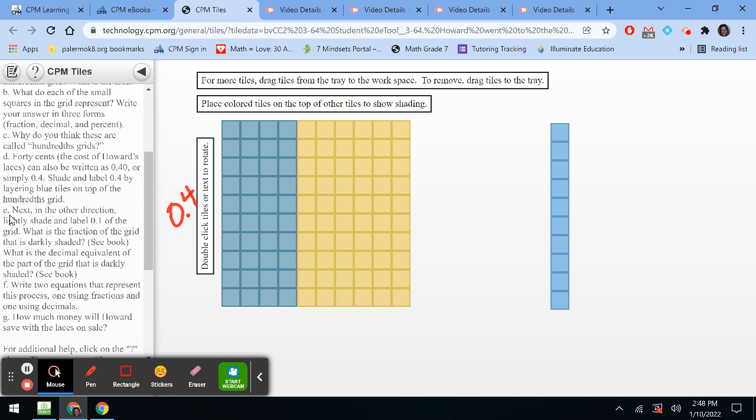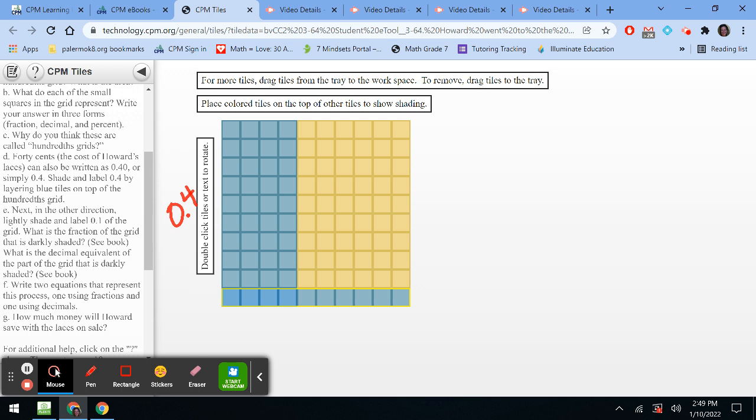So it says next in the other direction, lightly shade and label 1/10 of the grid. So I'm going to lightly shade, you're going to lightly shade it. I need to double click so that it rotates. And so going this direction, I'm going to put my 1/10. Remember, that's how much he is saving, or the sale, on there.